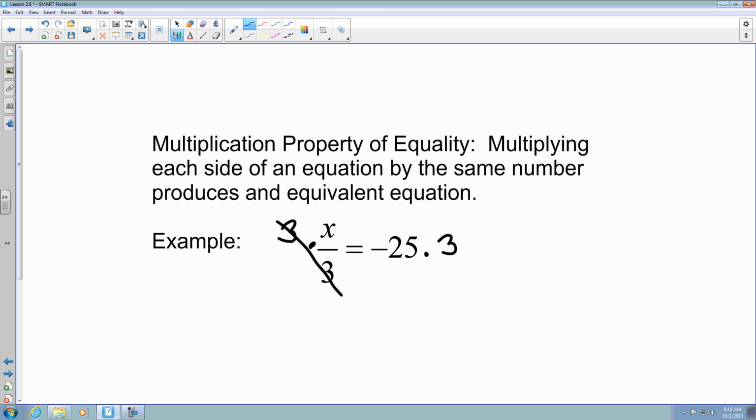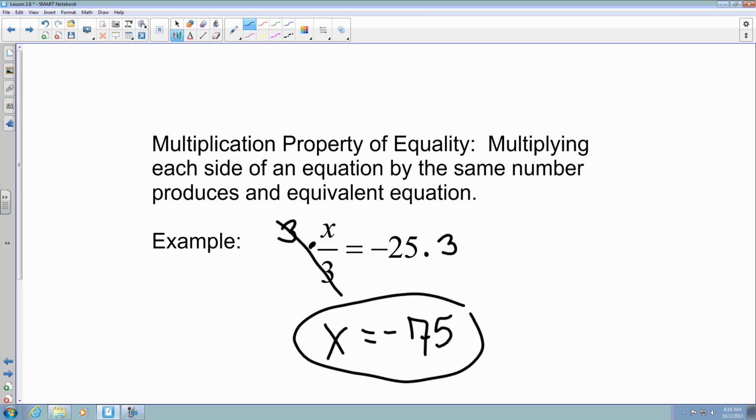So this cancels this out, which becomes x equals negative 75.